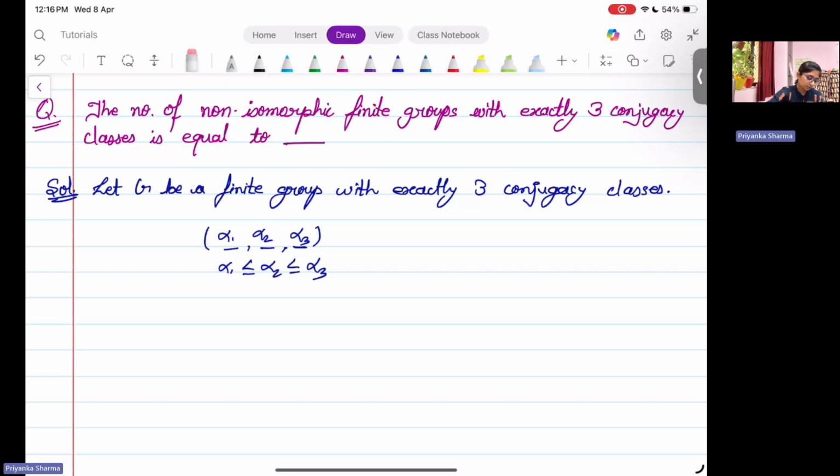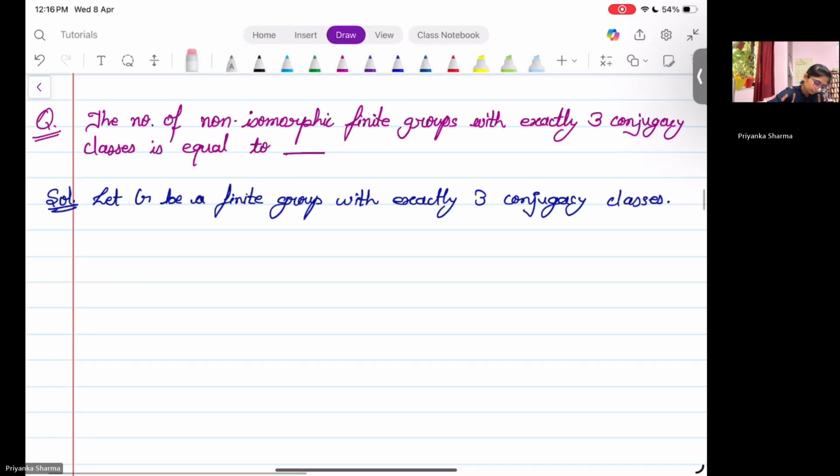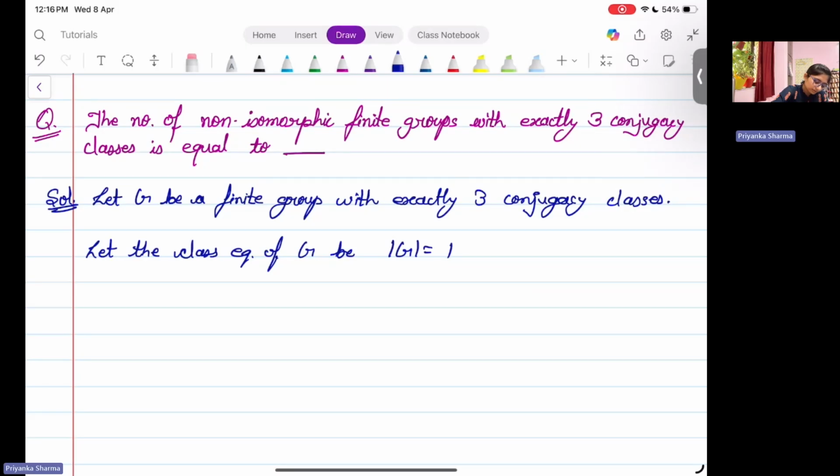Okay, so we can assume that the class equation of G, the order of G, is 1 plus x plus y.